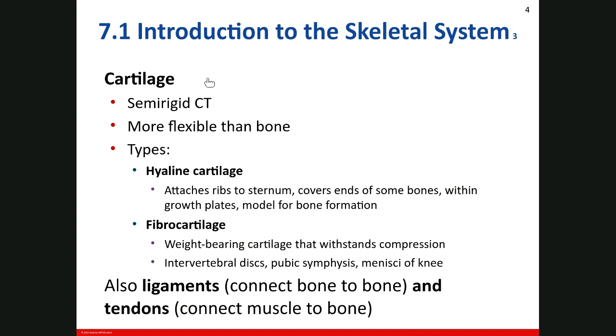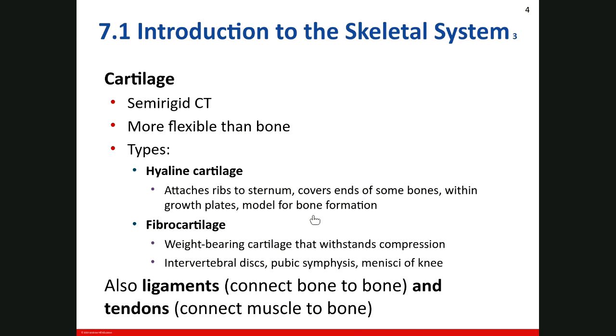One of them is hyaline cartilage, like the cartilage which attaches our ribs to the sternum, the cartilage which covers the end of some of our bones in the joints, within the growth plate and the model for bone formation.